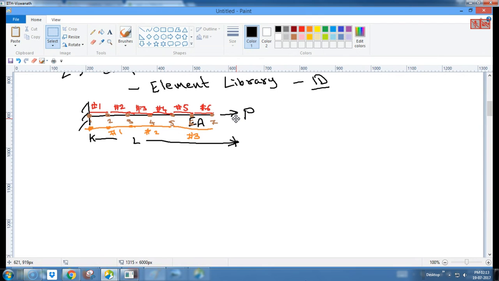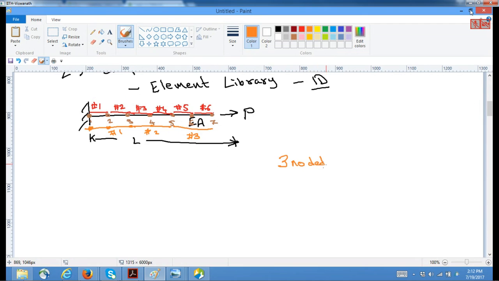This has been loaded by load P. So we have three-noded elements.